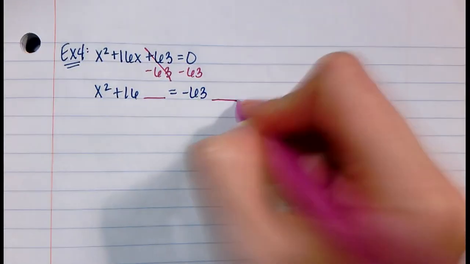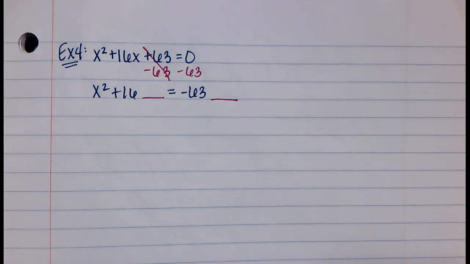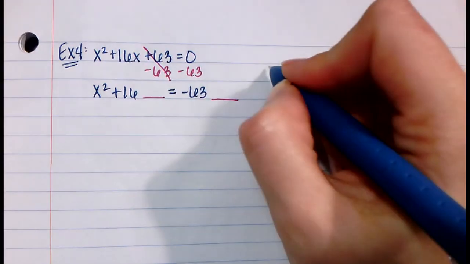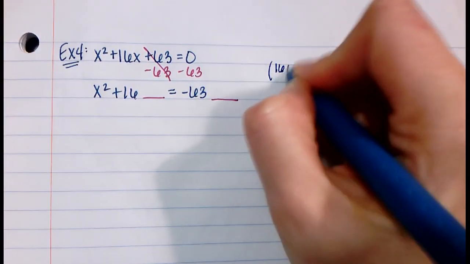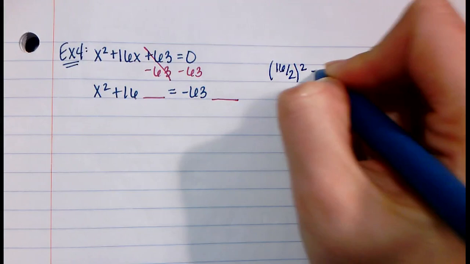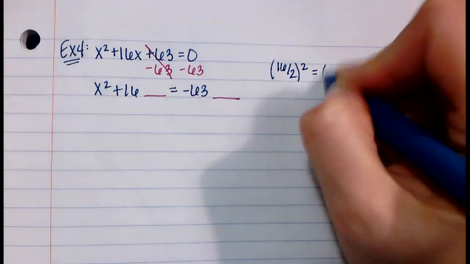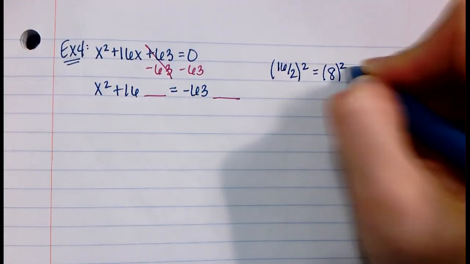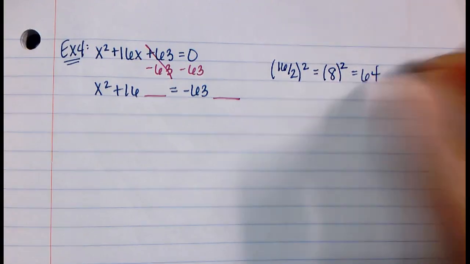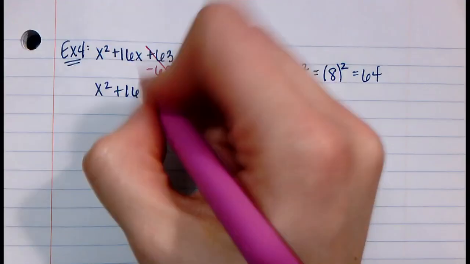Take our b, divide it by 2. So 16 divided by 2 and square it. 16 divided by 2 is positive 8. Square it and we get 64. So we would add 64, add 64.